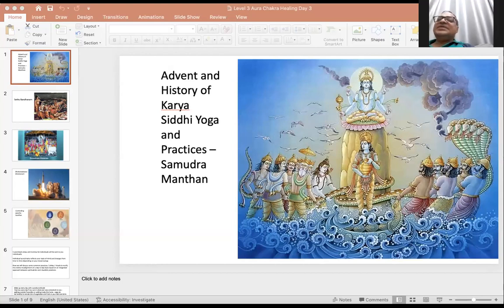Here you can see a beautiful slide displayed, showing the Samudra Manthanam. Manthanam is what? Manthanam is churning. When we see this slide, I have to take you to the advent and history of Karya Siddhi Yoga and the practices.